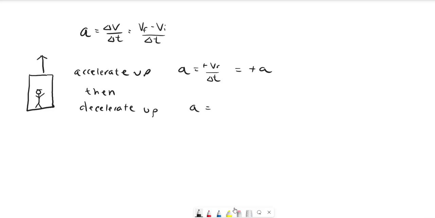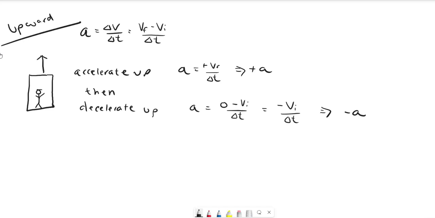So now you have your acceleration equals v final minus v initial, but our final velocity is 0, right? And our initial velocity is positive, we're still going up. But v final minus v initial over delta t is going to give us a negative acceleration, right? So 0 minus v initial is minus v initial over delta t. So that's going to result in a negative acceleration. So this is if you're going upward.